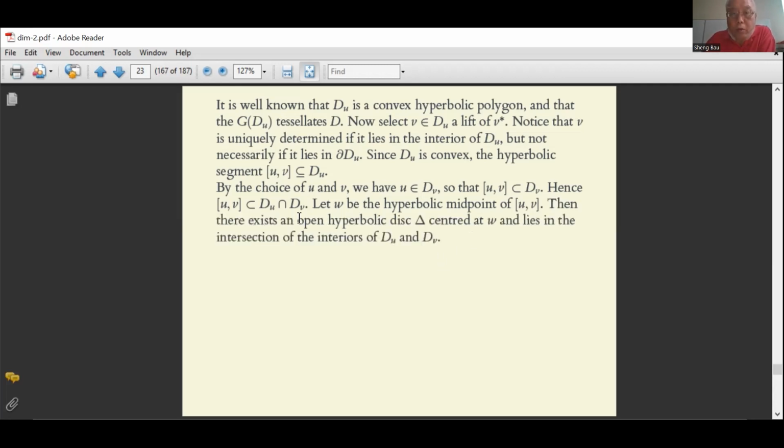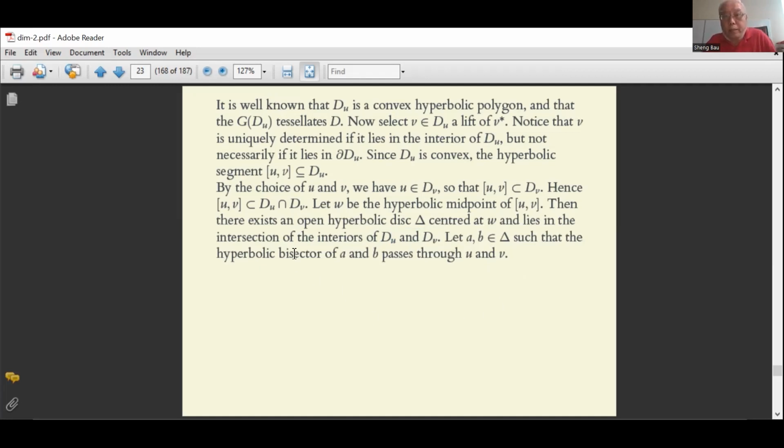Then there exists an open hyperbolic disk centered at W that lies in the interior of this intersection. And we take two distinct points in that open neighborhood.